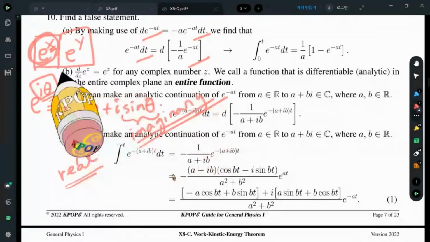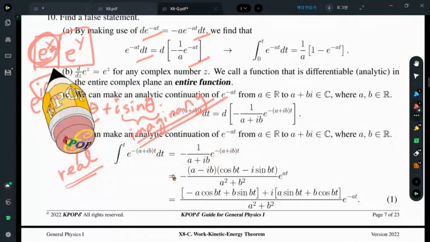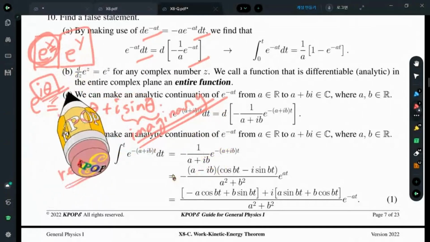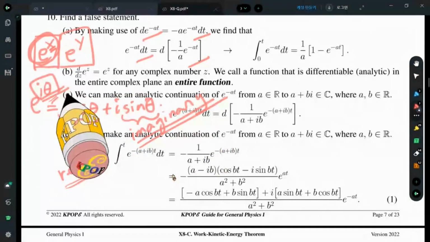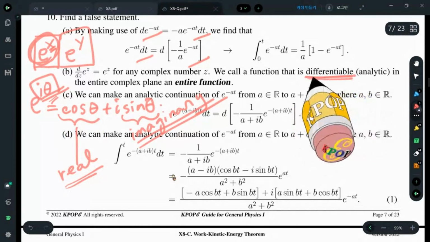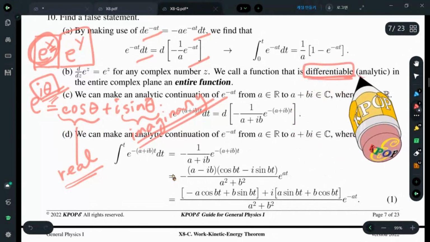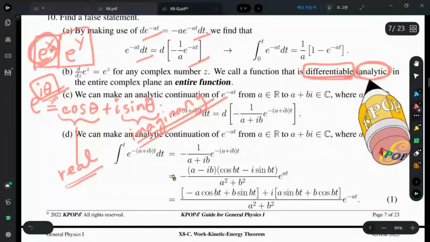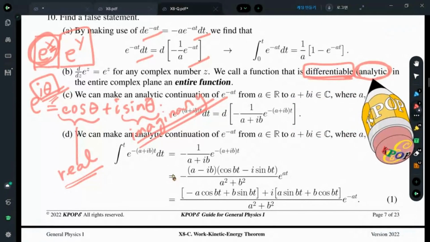We call the extension of this real variable to a complex variable possible as long as it is differentiable. In complex analysis, differentiable is called another name, analytic.